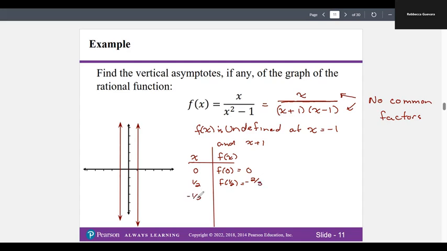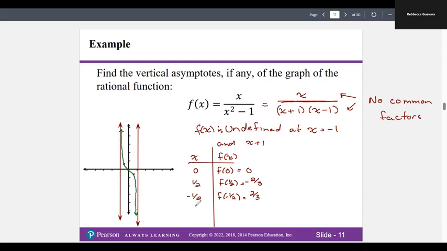If I put in negative 1/2, f of negative 1/2 will end up being a positive 2/3. So we get a point roughly here and roughly here. And we know that these are asymptotes. So we know that the general behavior in the center is I go up here and then I run along my asymptote. And then I go down here and run along my asymptote. So I'm just using some points to get a general idea of where it is going up and where it is going down.